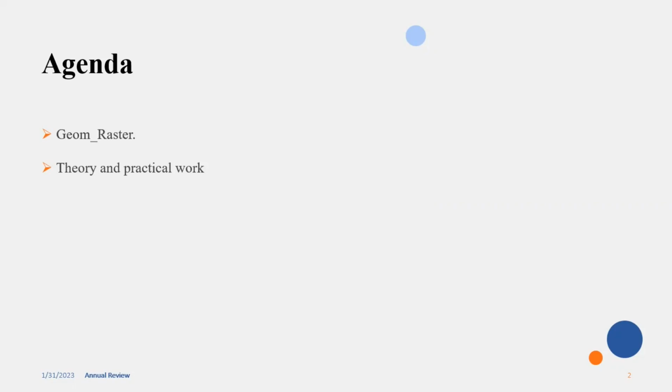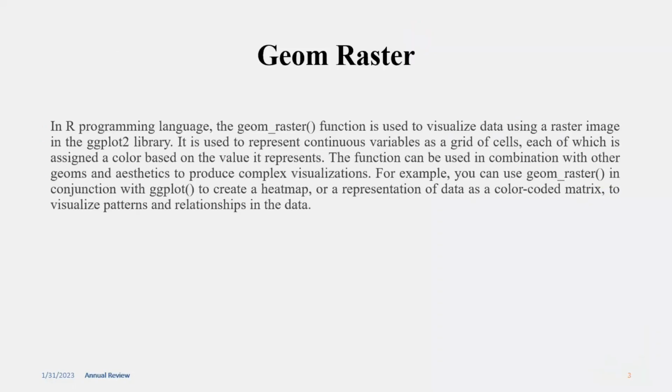So let's get started. So what is actually a geom_raster? In our programming language, the geom_raster function is used to visualize data using a raster image in the ggplot2 library. It is used to represent continuous variables as a grid of cells, each of which is assigned a color based on the value it represents.